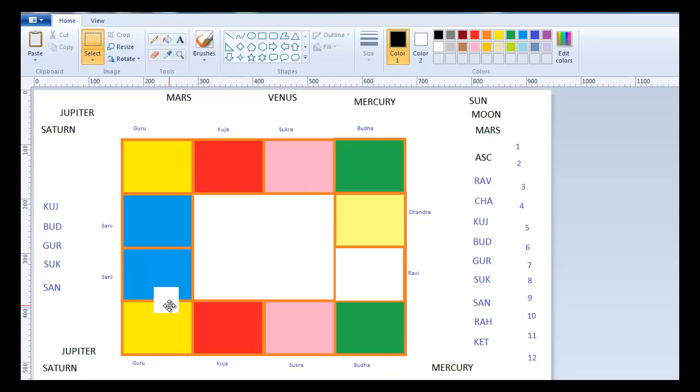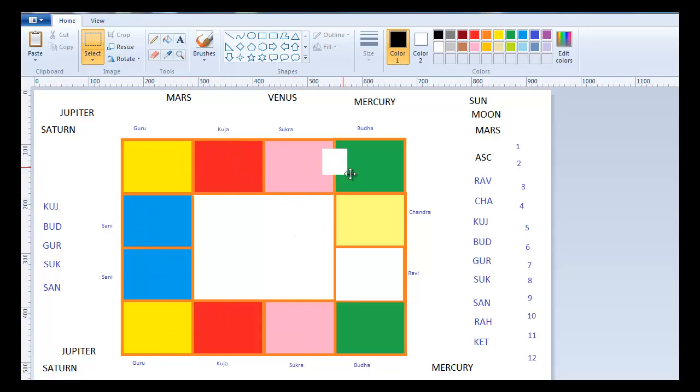For example, if I move the cursor here, you should be able to say this is Gemini, this one Capricorn, this one Aries, this one Scorpio. If you want to say it in your own language, it's fine: Meena Rashi, Tula Rashi, Rishabha Rashi, and so on.